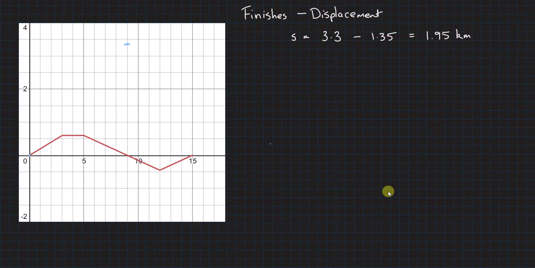So you could calculate the actual distance here. So 0.6 times half, 0.3 times 3, 0.9. So let's do that part.